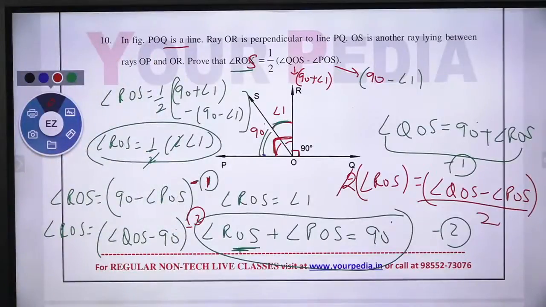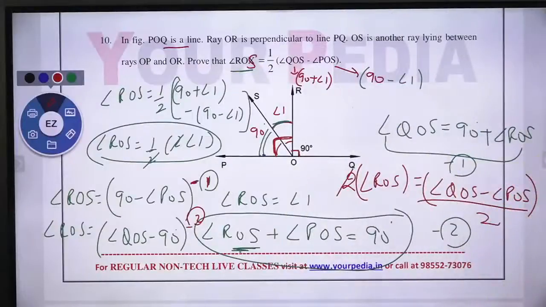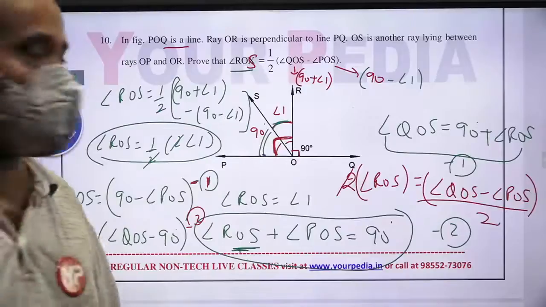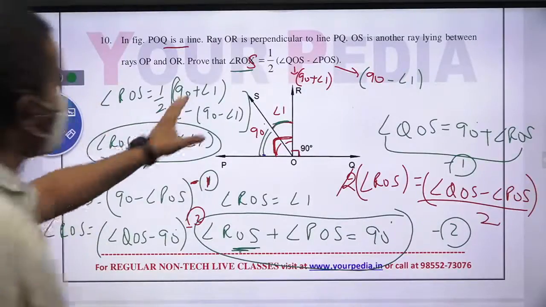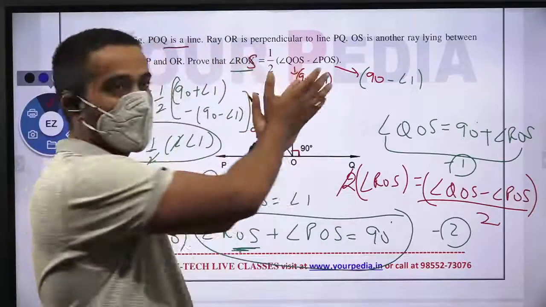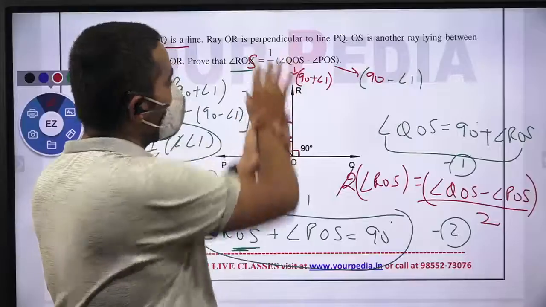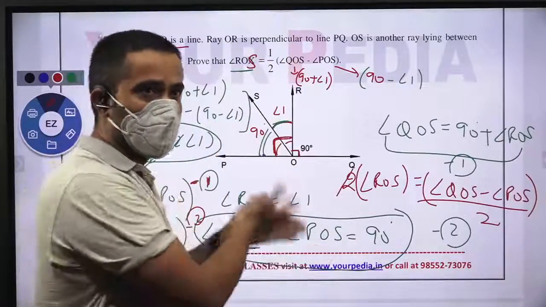So rather than going for this question in terms of angle 1, angle 2, angle 3, you can directly do this type of question like this. Okay, so you can get this question in this form. So half of angle QOS minus POS, very easy. Otherwise, from the figure also you can do this question.